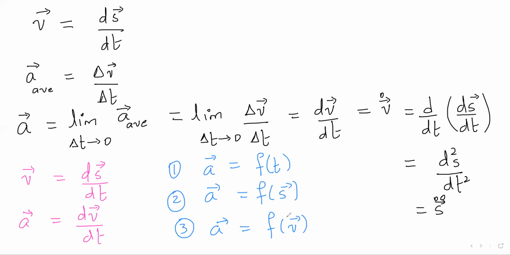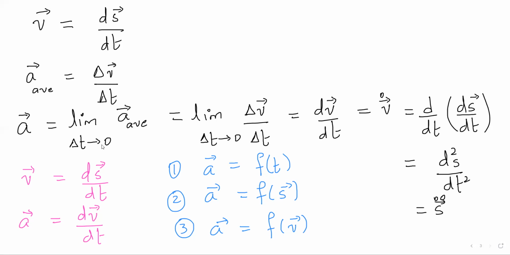Acceleration as a function of velocity is more like a drag force problem. When vehicles or anything go through wind or fluid, we know we have a drag force. The higher the velocity of the vehicle through fluid, the higher will be the drag force on it. So acceleration is a function of drag, which is a function of velocity. So these are three different cases that we will be talking about.